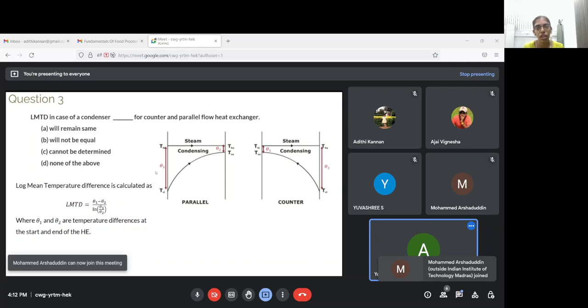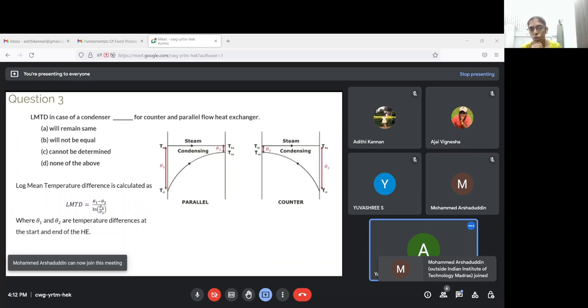So let us take a counter and a parallel flow. So what do you mean by a counter flow here? What does generally a counter flow heat exchanger mean? So, counter flow need not be exactly for a cooling procedure.